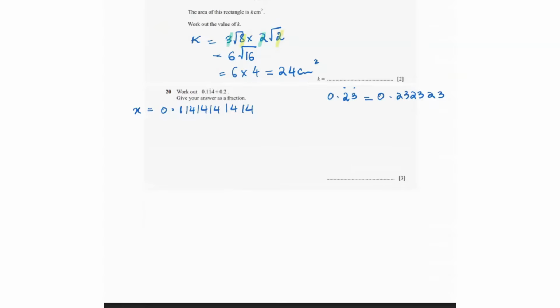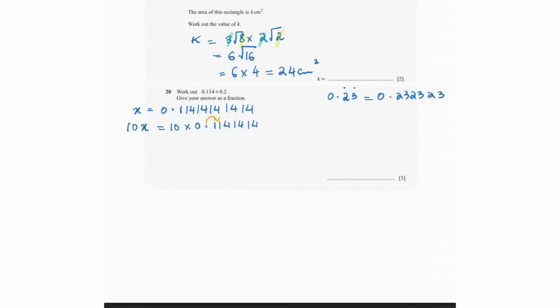So if I times x by 10, that means I'm multiplying 10 with 0.11414 recurring. When you're multiplying a decimal by 10, you move the decimal one place to the right side.